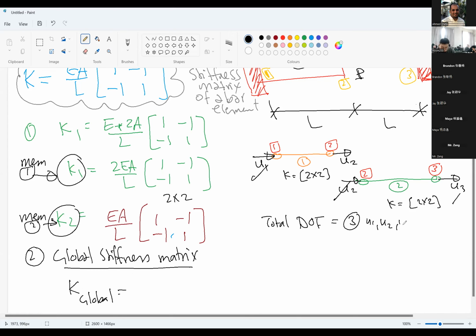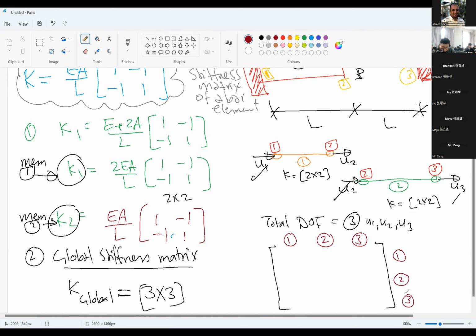So the K global for this structure will be 3 by 3. So if I do it here, we will have columns 1, 2, 3 and rows 1, 2, 3.